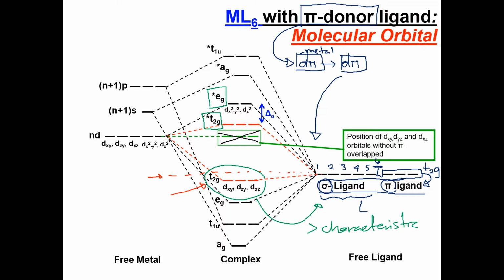And then what about the delta O? You will calculate delta O between the T2g star and eg star, because these orbitals are occupied by the electrons from the d metal.